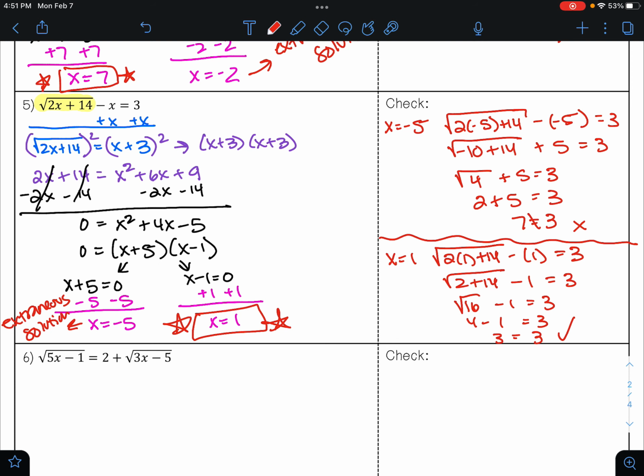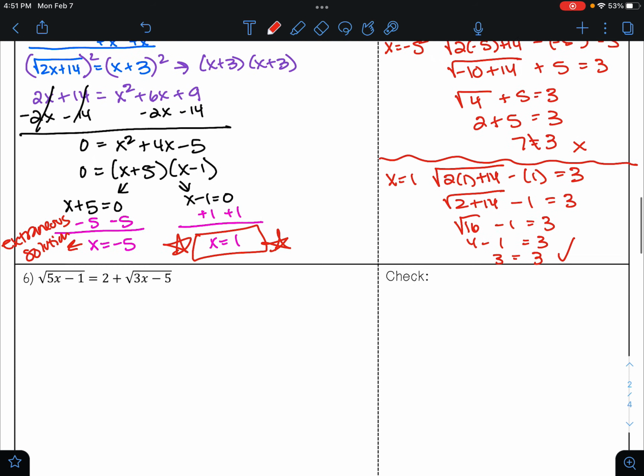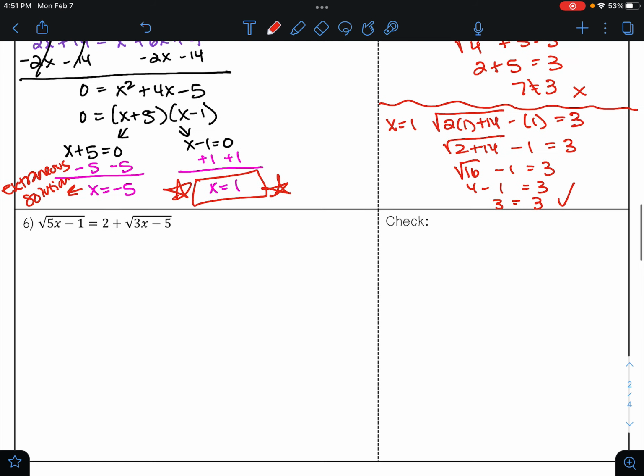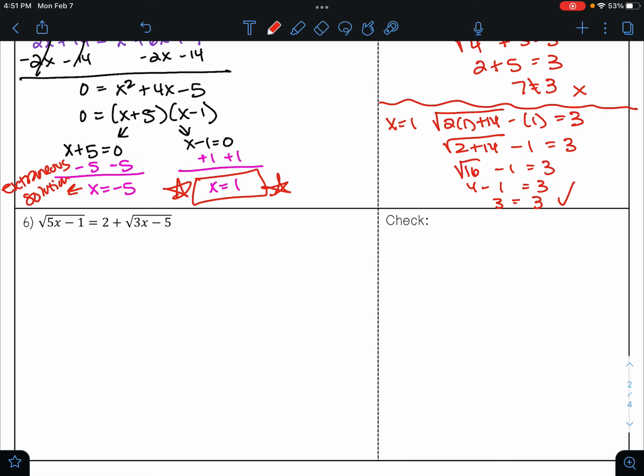Let's go ahead and look at example 6. On example 6, we have two square roots, and we need at least one of them to be isolated to solve. This one over here is isolated, and so we can go ahead and square both sides. When I do that, the square undoes the square root, and that leaves me with 5x minus 1.